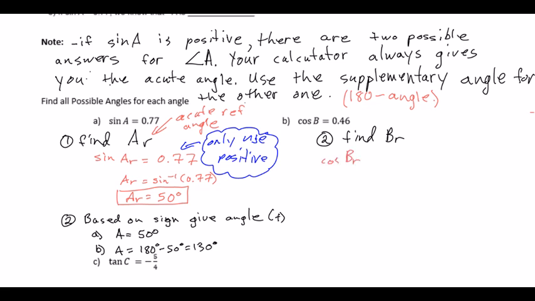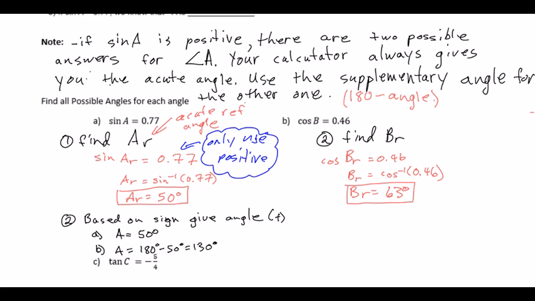So cosine of BR is equal to 0.46. And now we'll go cosine inverse of 0.46, and that is BR. So BR is going to equal 63 degrees.